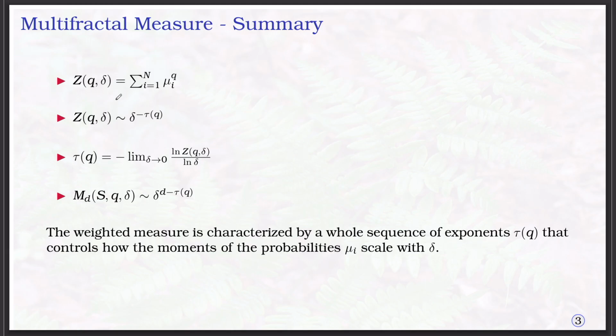This partition function has the power law property. This z of q comma delta is directly proportional to delta power minus tau q. So from here one can find tau q. So tau q, like the box counting technique, is minus the limit as delta tends to 0 of ln of z of q comma delta by ln delta.